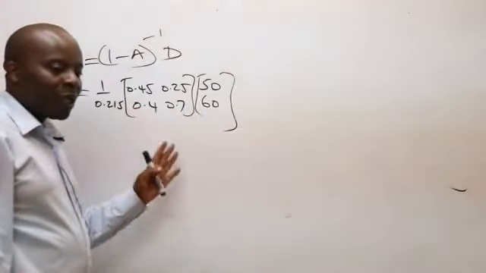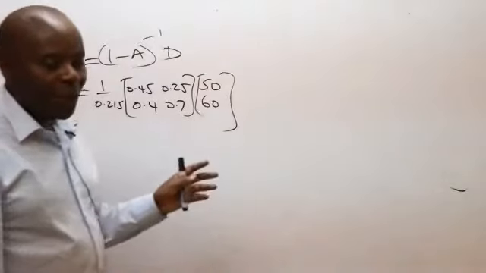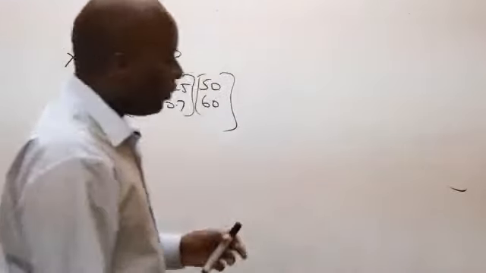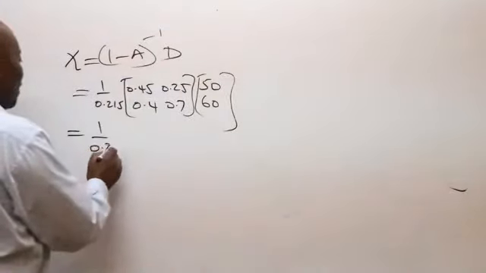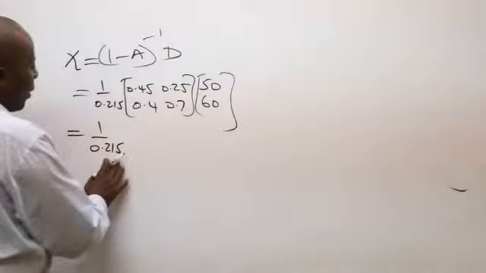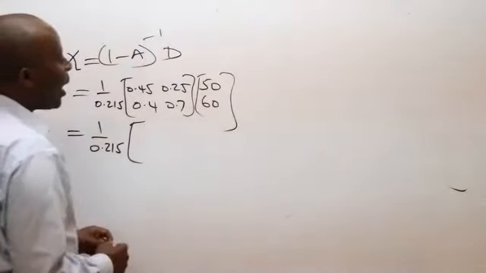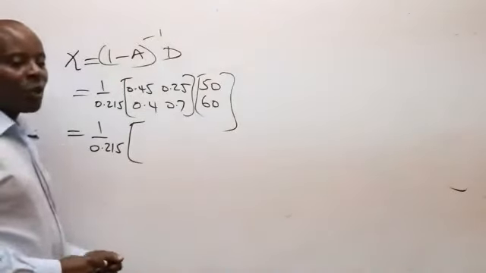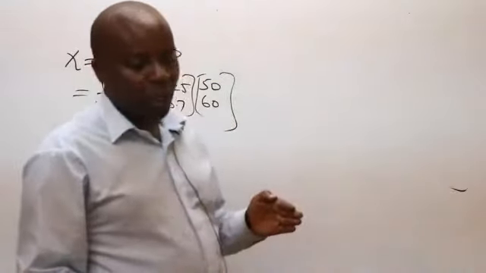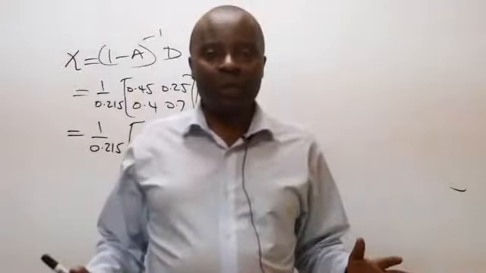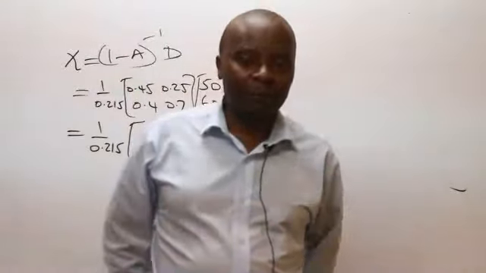We give matrix multiplication priority, and the scalar will be left outside. So we have 1 over 0.215 into the multiplication of our matrices. Is there anybody who can remind us of the major concept of matrix multiplication? When somebody says multiply two matrices, what comes to your mind?